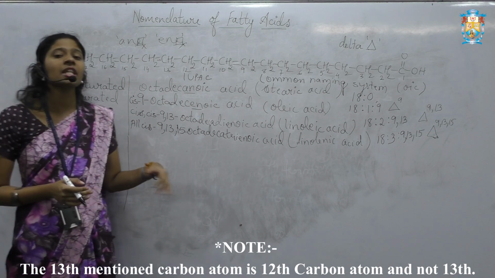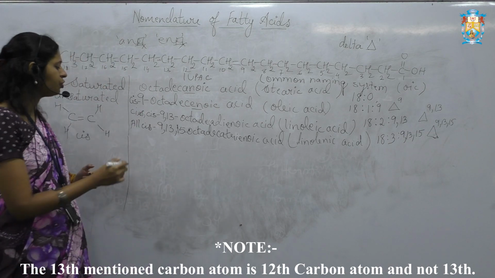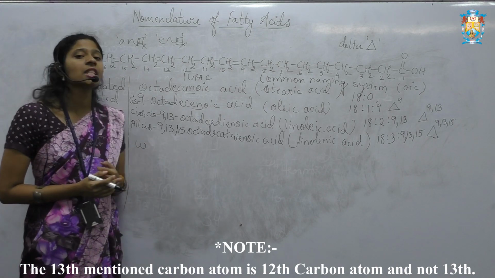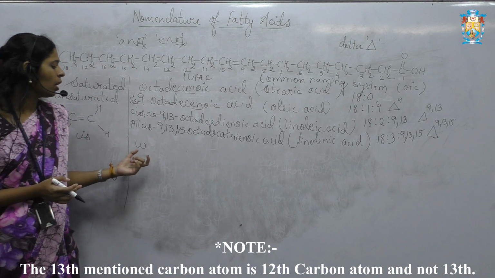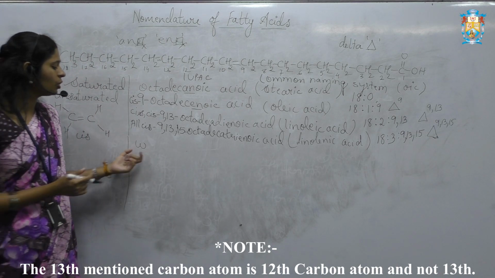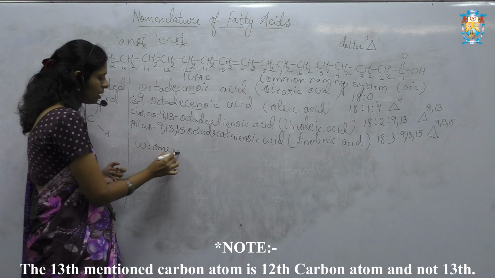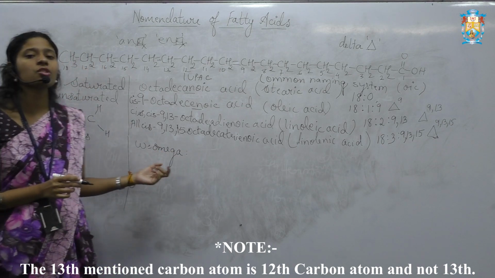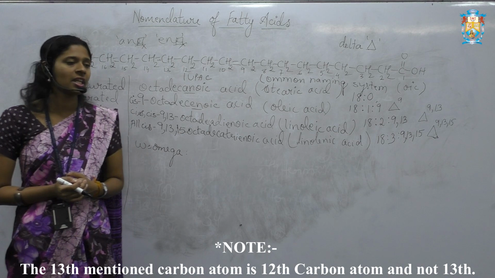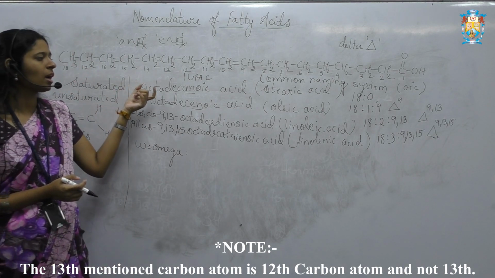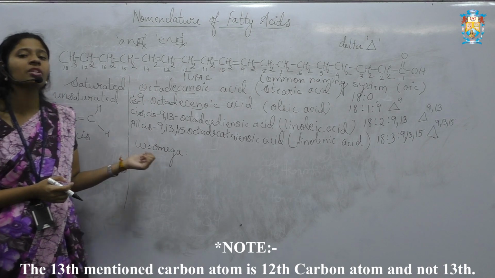Apart from this, there is another thing, that is, we also have a Greek letter called omega. Now this omega is the last Greek letter in the alphabet series. So this omega, O-M-E-G-A, is also used to name the fatty acid. For example, this omega system depends on the number of double bonds.